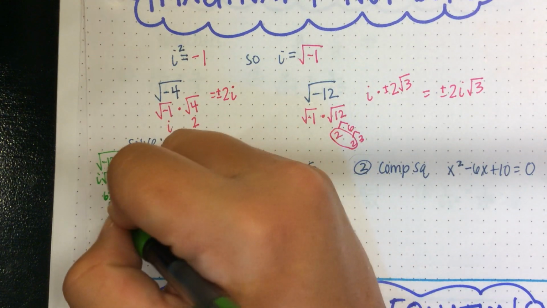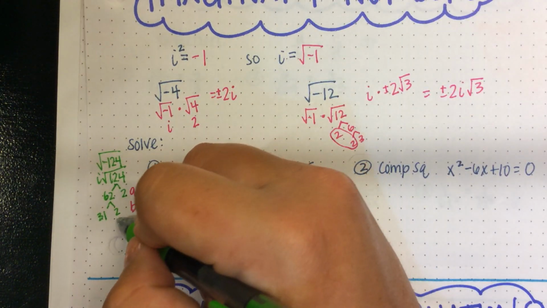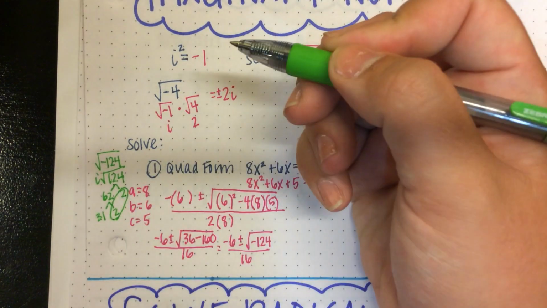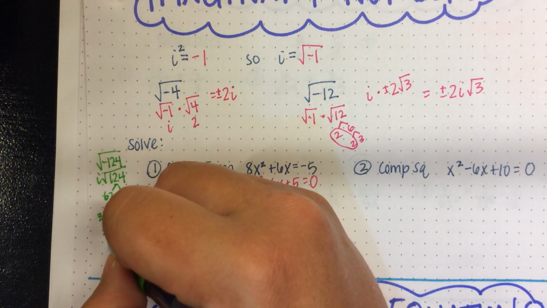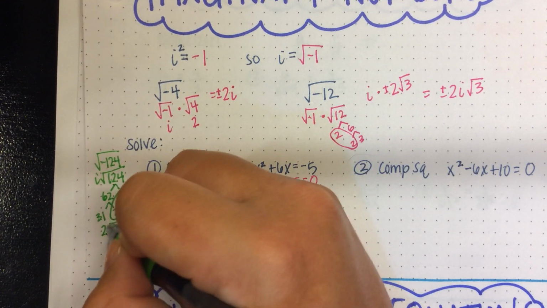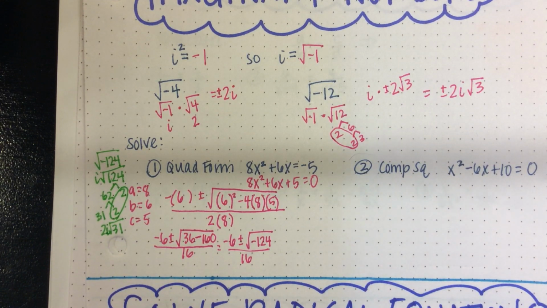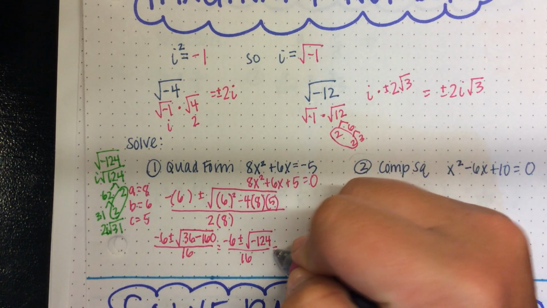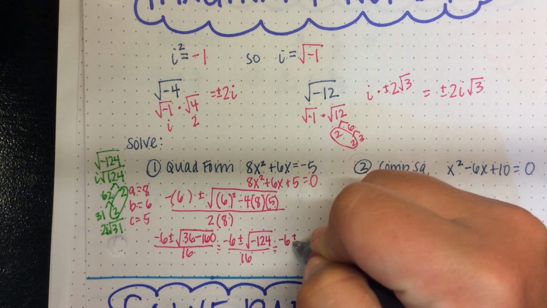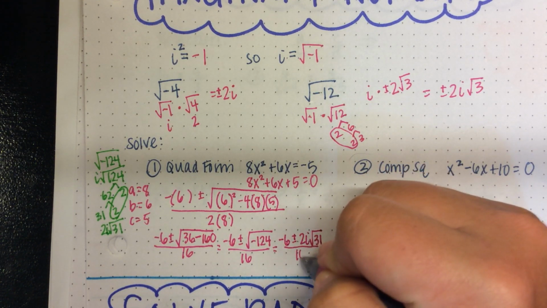Then I have 2 and 31, and 31's prime. I have two 2's. For everything you circle, take one out. So I'm going to have a 2 on the outside, my 31 left on the inside, and then an i. We always put the i last. So that means this simplifies to -6 plus or minus 2i root 31 over 16.